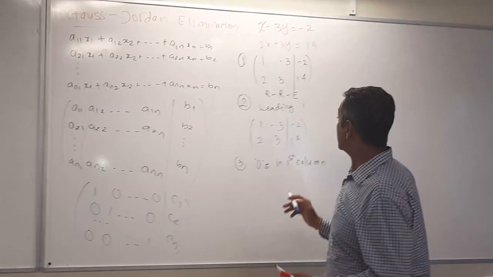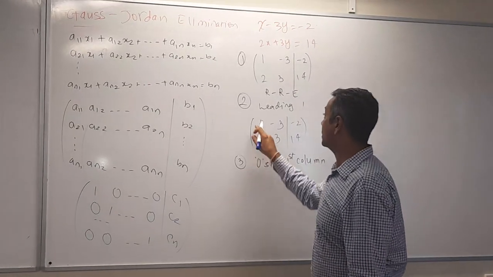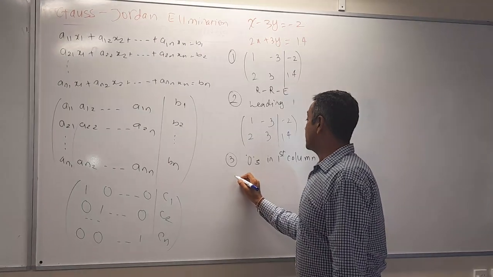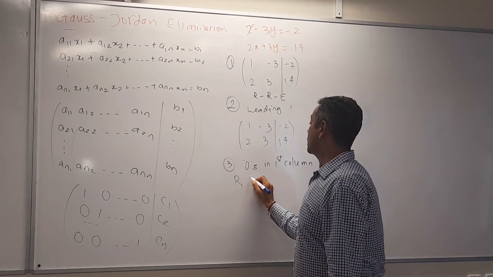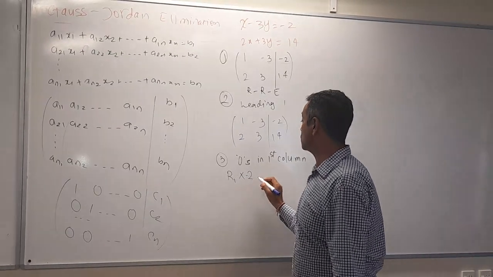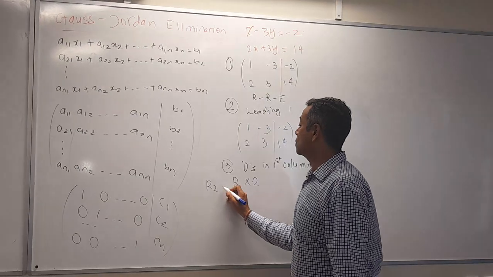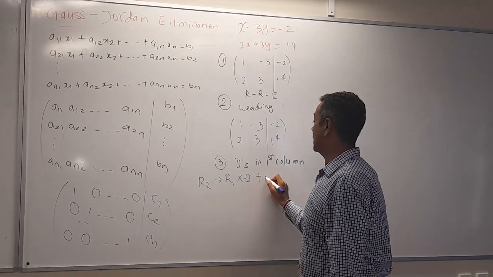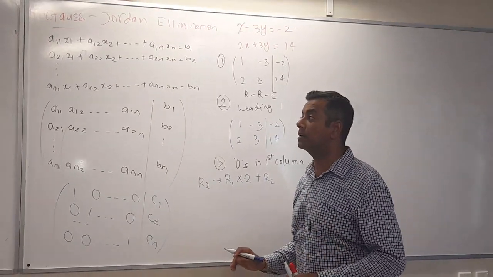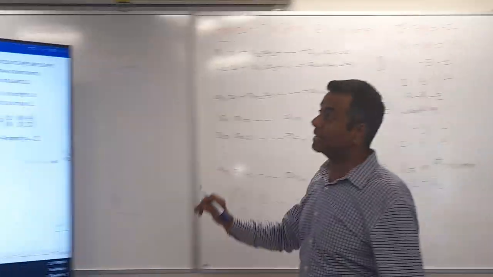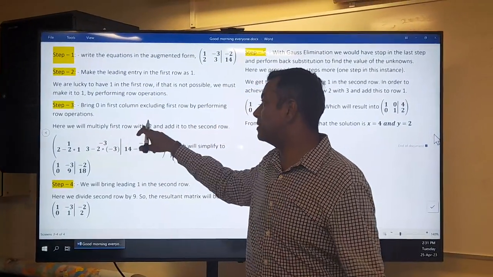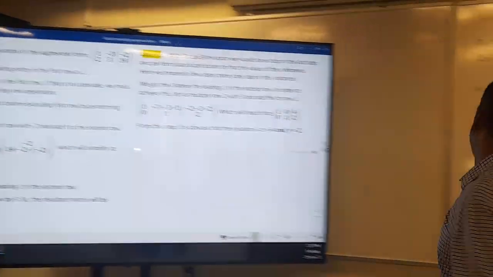In order to achieve that, we'll take the first row and not alter it. Multiply row 1 by minus 2; this will be your new row 2, and we'll add it into row 2. Again, we will not alter our first row. So we multiply the first row by minus 2 and add it into the second row.